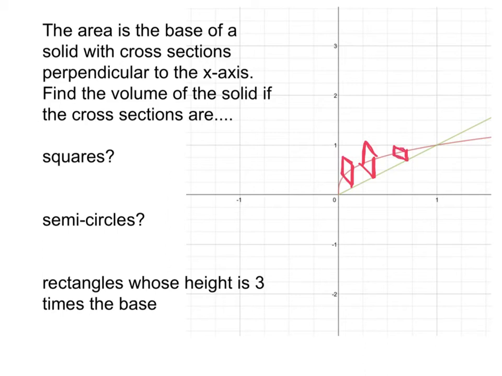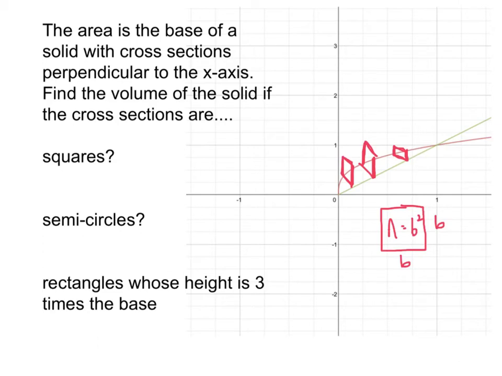How I always think about it is, remember, we're trying to find the area and then integrate it. That gives us volume. Well, the area of a square, we've got base, and of course this is also the base, so the area would be base squared. Well, how would I get the base?